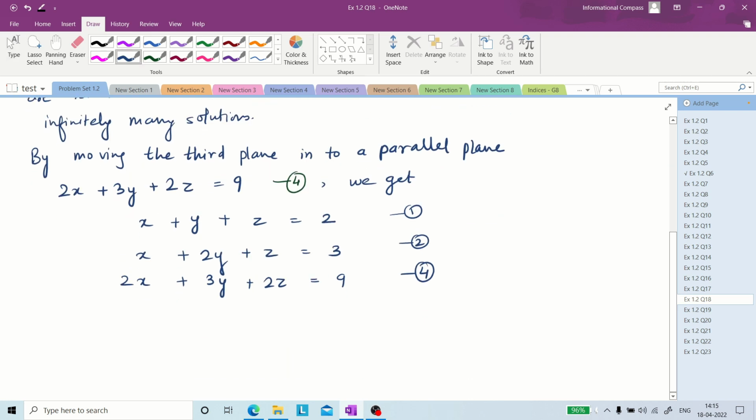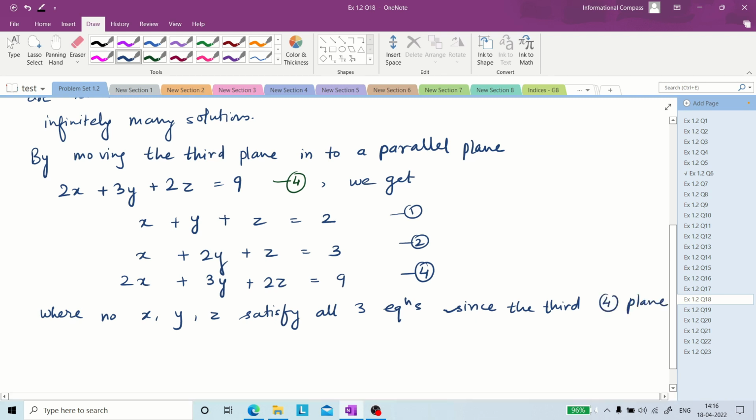Okay. So where no x, y, z satisfy all three equations, since the third plane, that is the fourth equation, does not intersect the line, right?